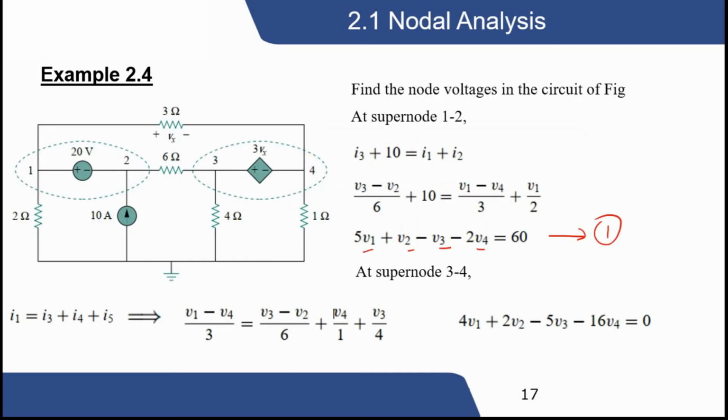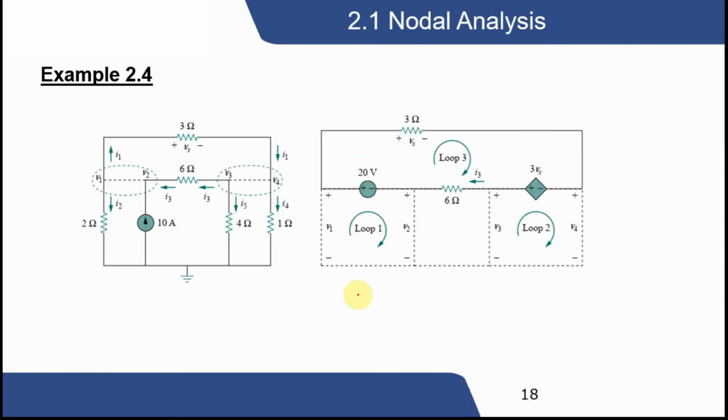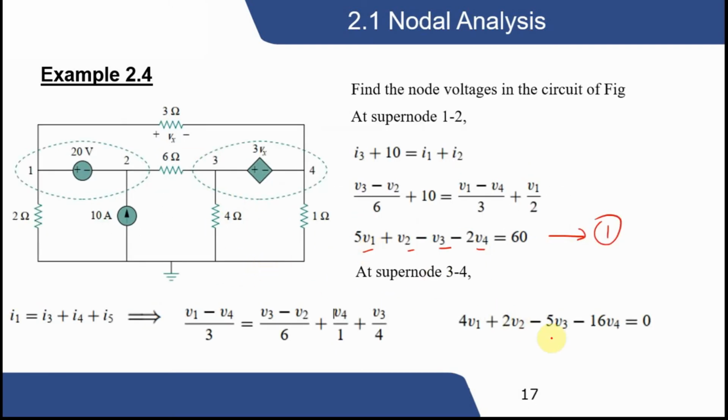I1 equals I3 plus I4 plus I5, and we know that I1 equals V1 minus V4 divided by 3, equal to V3 minus V2 divided by 6, and I4 equals V4 upon 1 and I5 equals V3 upon 4, as we discussed earlier. We simplify the equation again, take LCMs and calculate it, so it becomes equation number 2. So we have 2 equations, we need 4 equations.